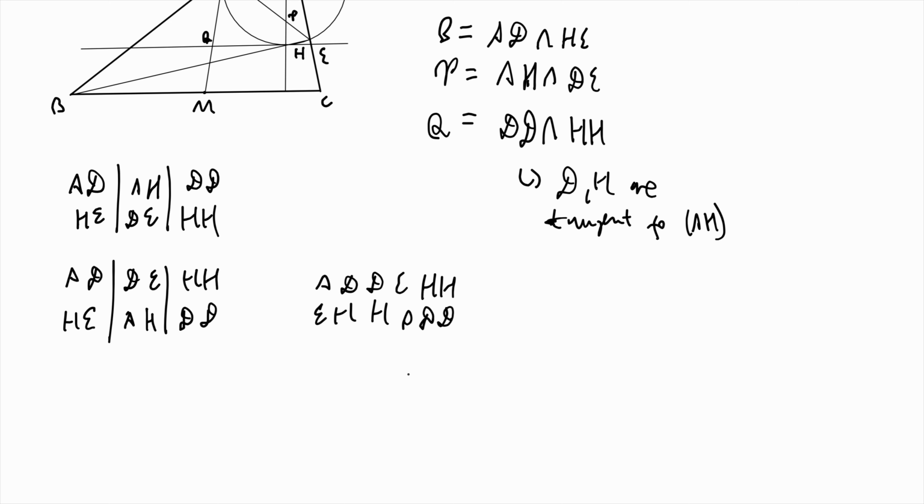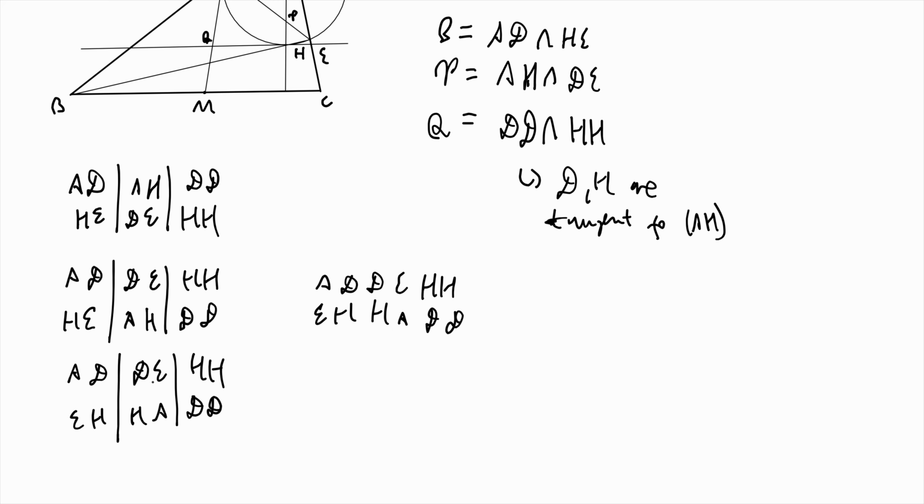D, E, H, H. When we do it, we have... Oh, wait, you're done actually. Because this one, D, E, H, H, D, D. Just switch the order of these two and these two, so E, H. Notice that we have our Pascal.